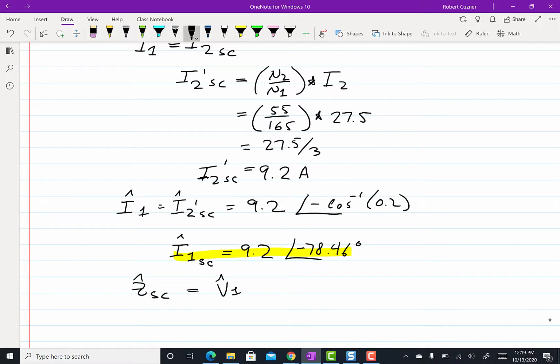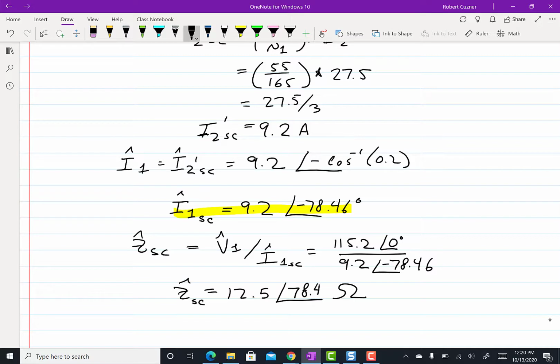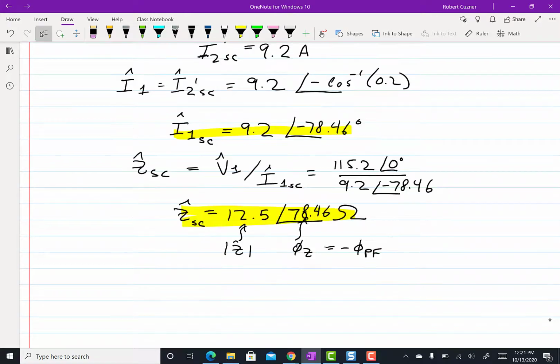It's the ratio of the voltage on the primary to the current. This is the short circuit impedance looking in from the primary side, and that impedance is 12.5 ohms at an impedance angle of 78.46. So remember from Module 1, this is what we were calling a magnitude of an impedance, and this is what we were calling an impedance angle, which was the negative of the power factor angle.